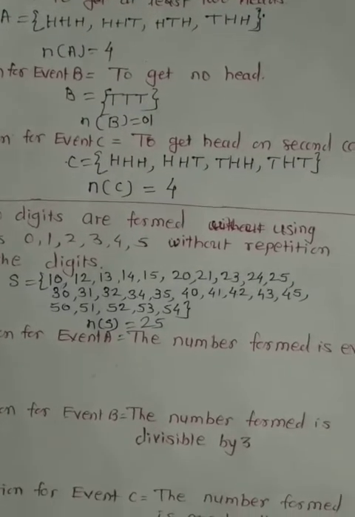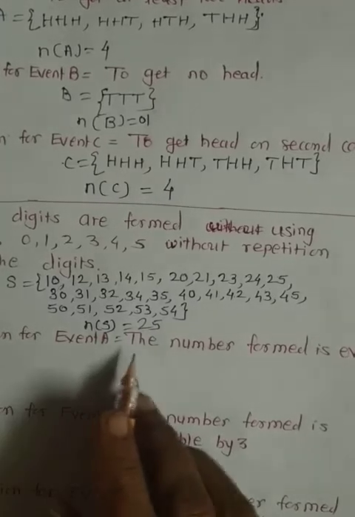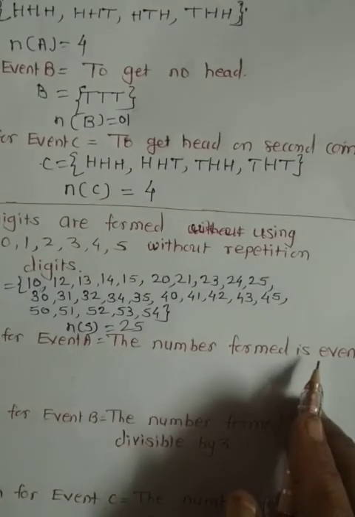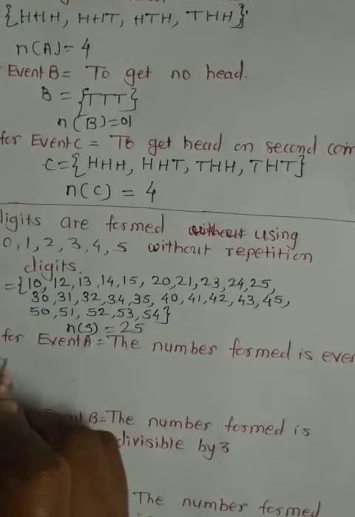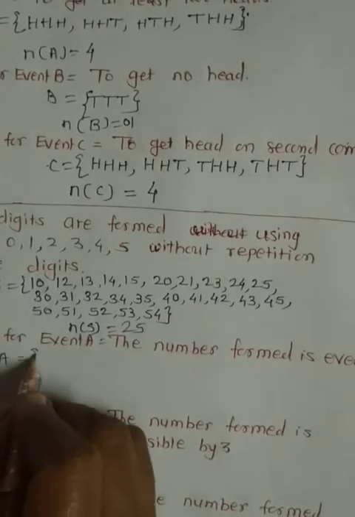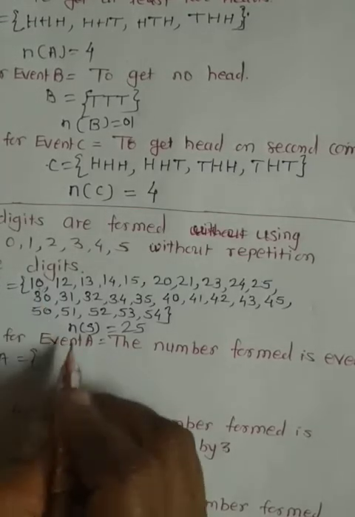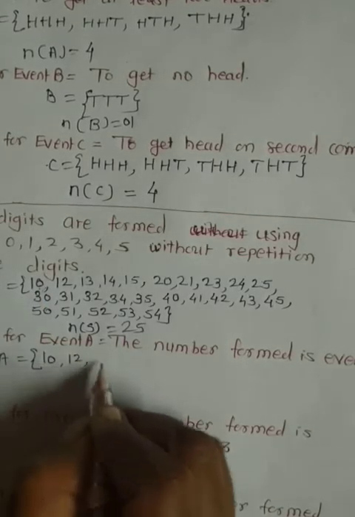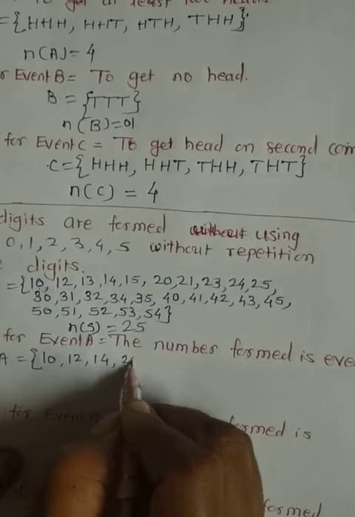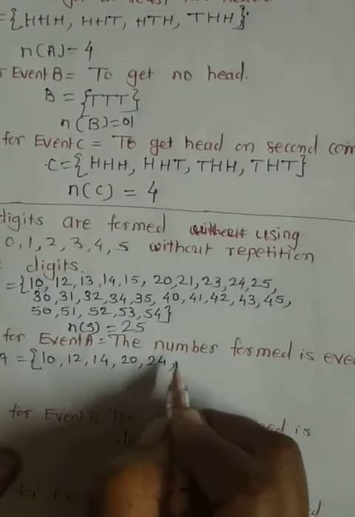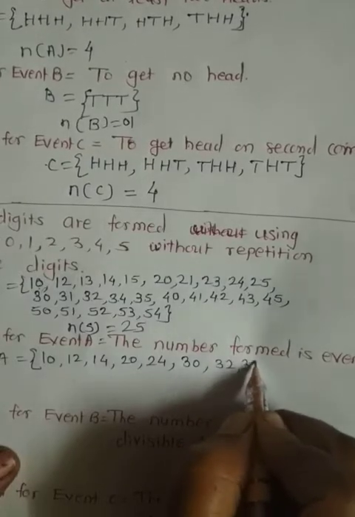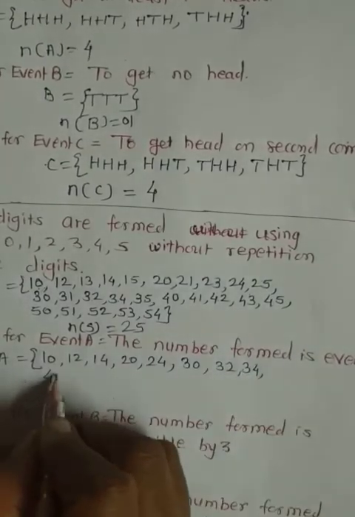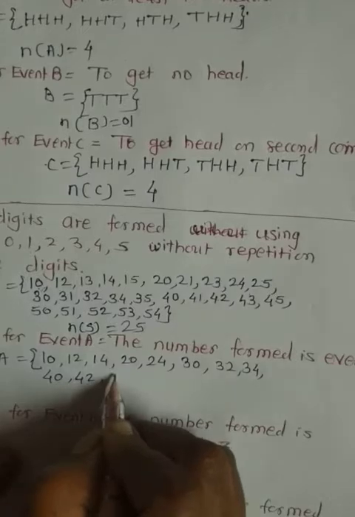Now the condition for event A is given. The number formed is even, means we have to choose only even numbers from this sample space, that will be our event A. That is here 10, 12, 14, 20, 24. Next one, that is 30, 32, 34, 40, 42.